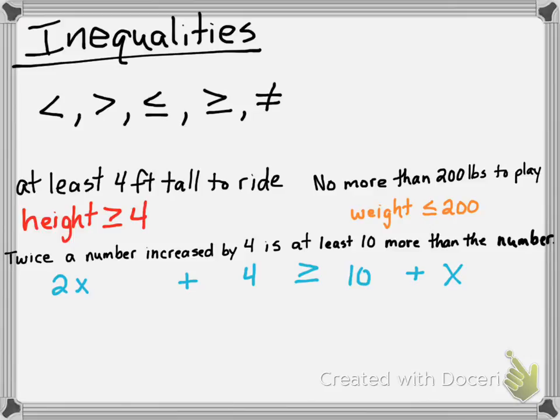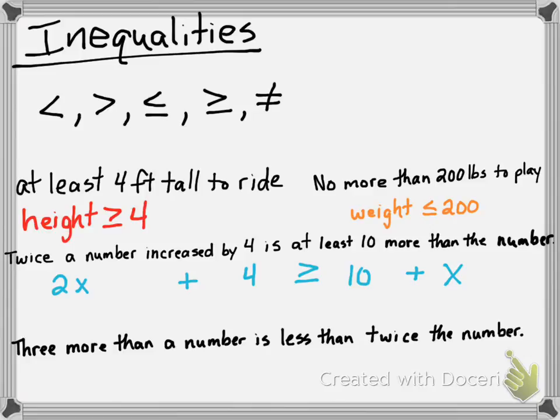Alright, now the next sentence. The next sentence says 3 more than a number is less than twice the number. Okay, so I have 3 more than is plus a number. Again, I don't know what number that is. This time I'll use y.